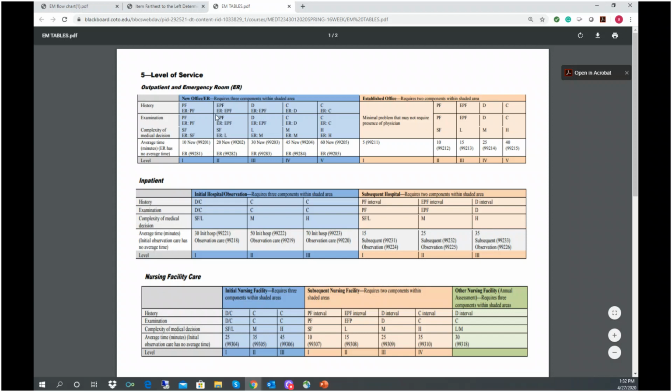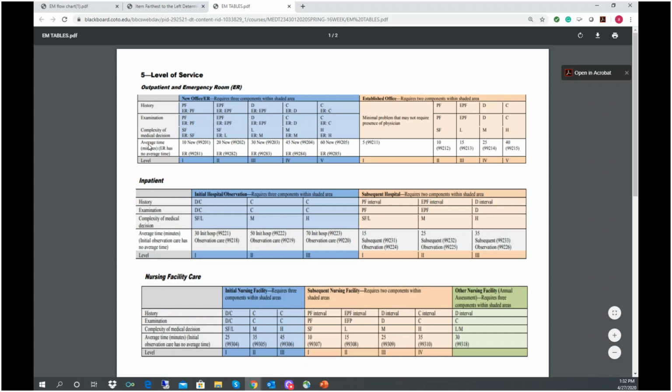So when you are determining what you're going to select, we have ER problem-focused, ER EPF, ER detailed, ER comprehensive. Same thing with examination, ER, and then medical decision making.